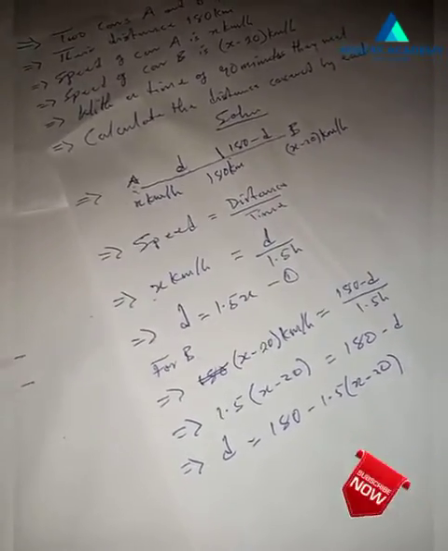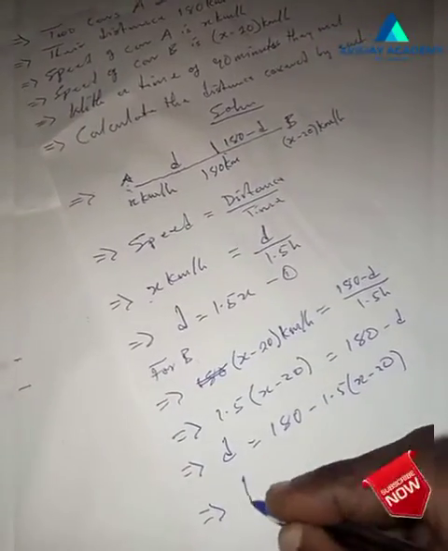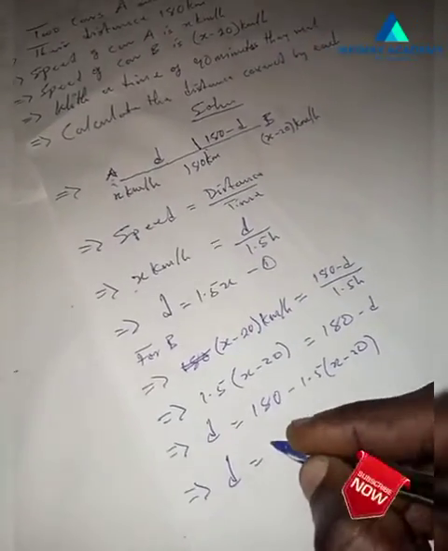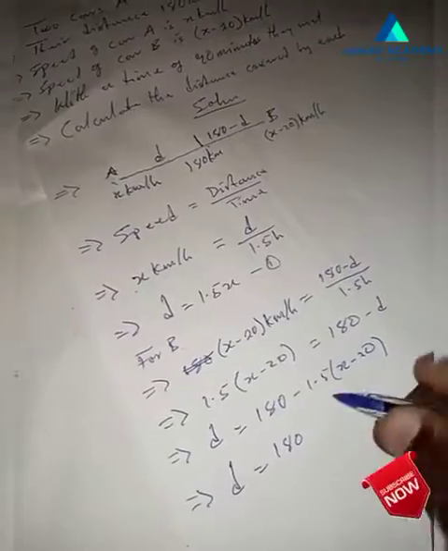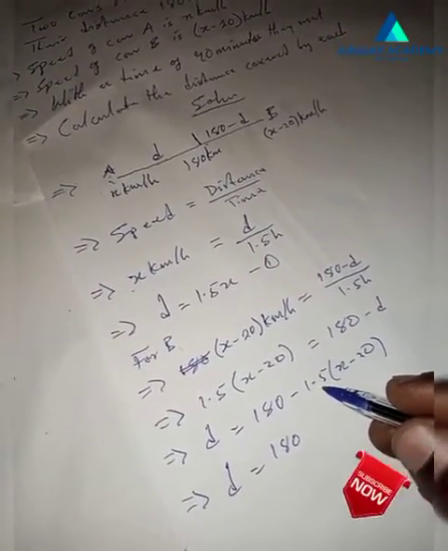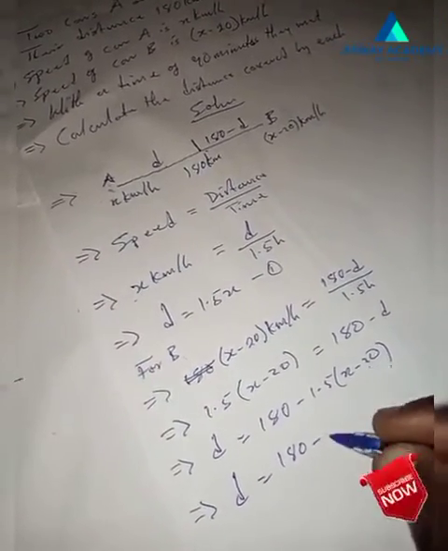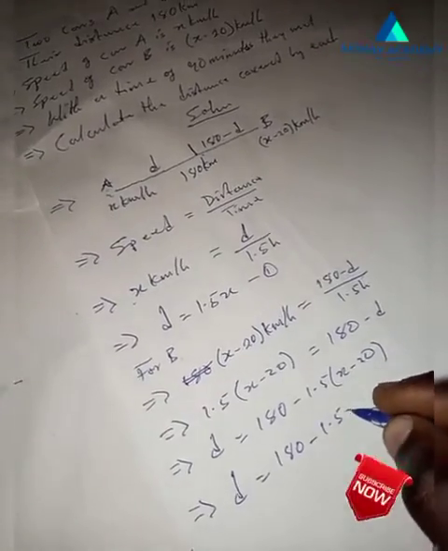Let's expand the bracket: 180, then minus 1.5 times x gives minus 1.5x.